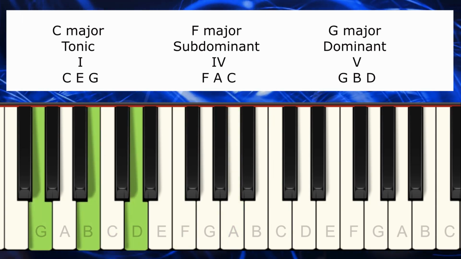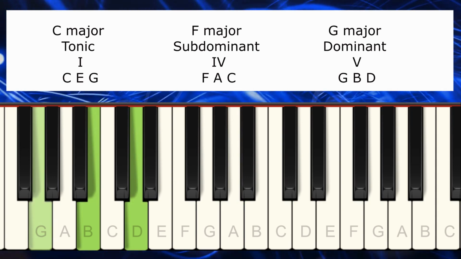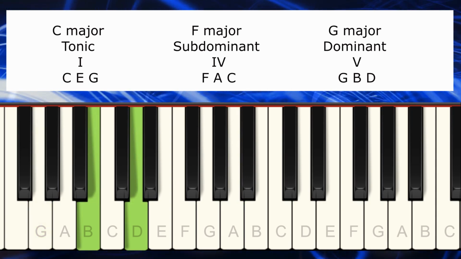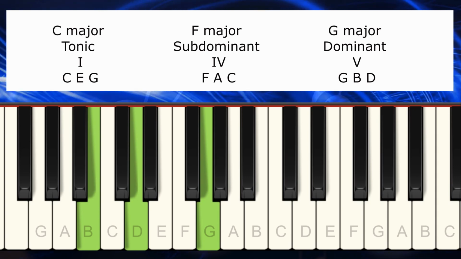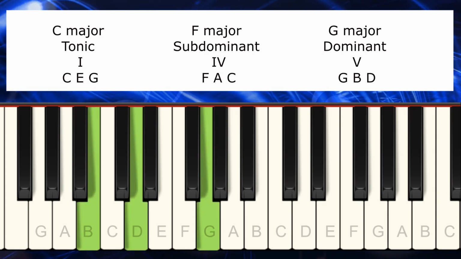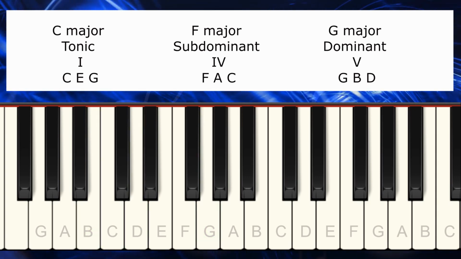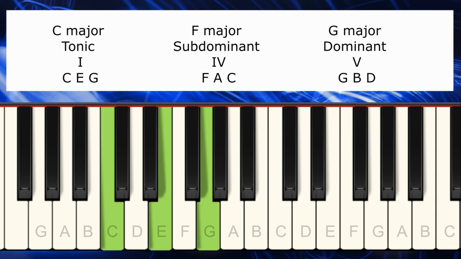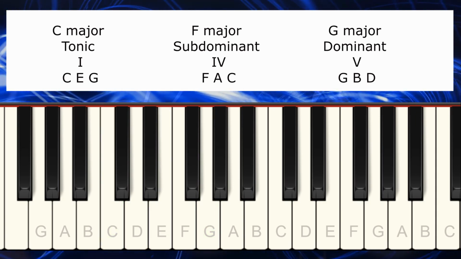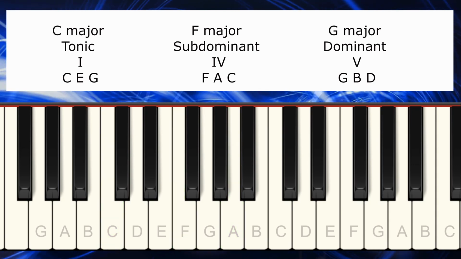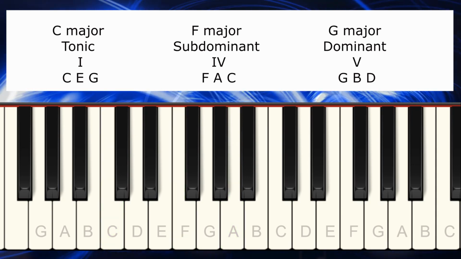Then G, which is here, I can transfer this G here, and I have a different version of G major. So I have the old version of C major, the new version of F major, then the new version of G major.